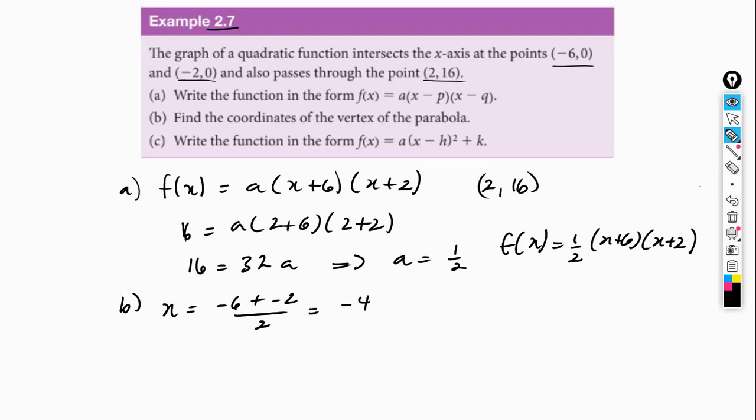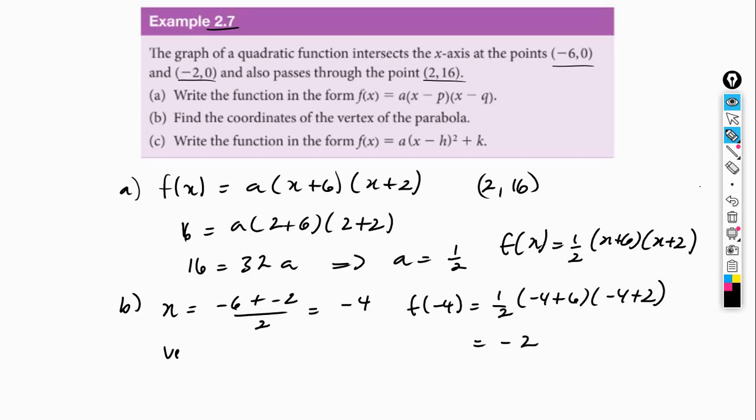So this would be the axis of symmetry, but also the x-coordinate of the vertex. To find the y-coordinate of the vertex, we plug this into the function. So f of -4, which is going to be 1/2 times (-4 plus 6) times (-4 plus 2). And then if we do the math here, we're going to get that this equals -2.